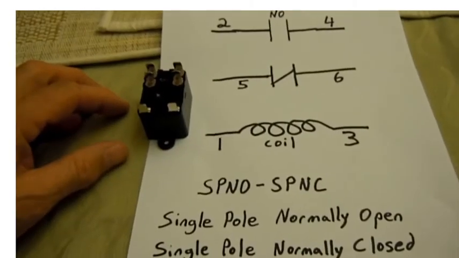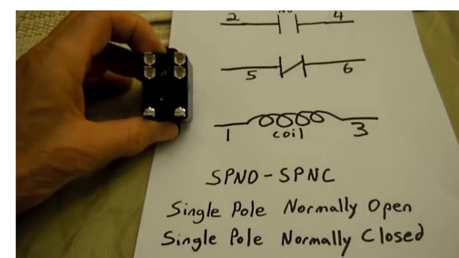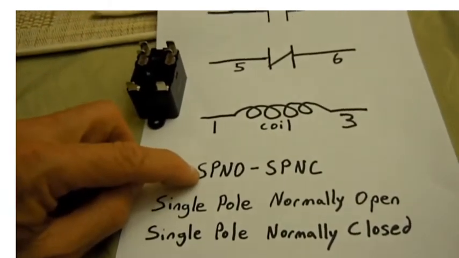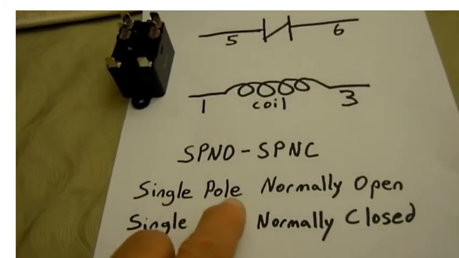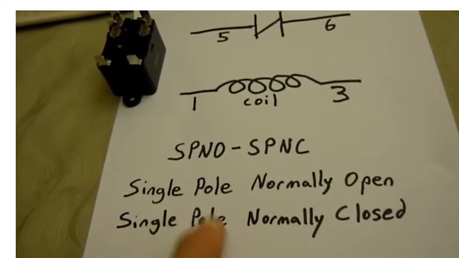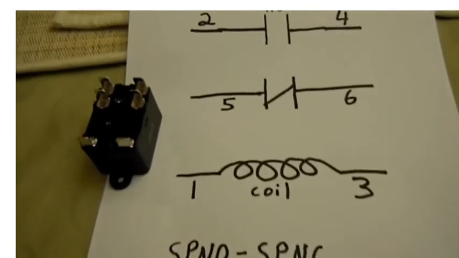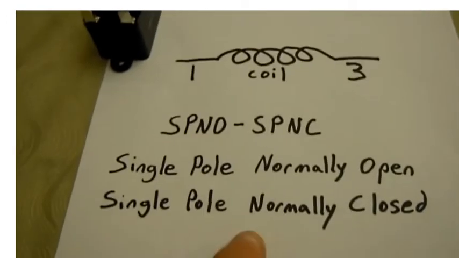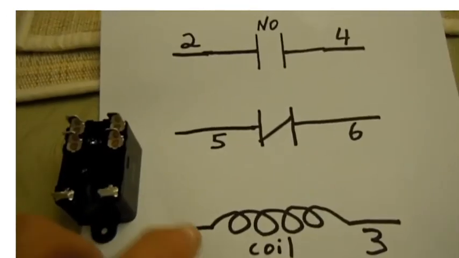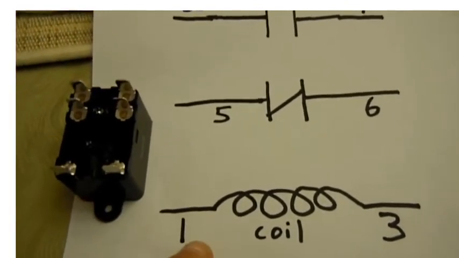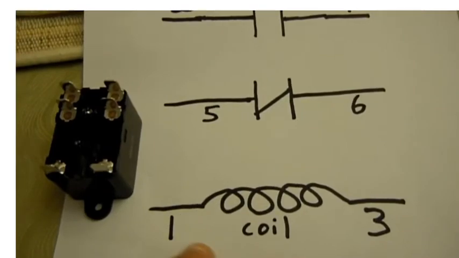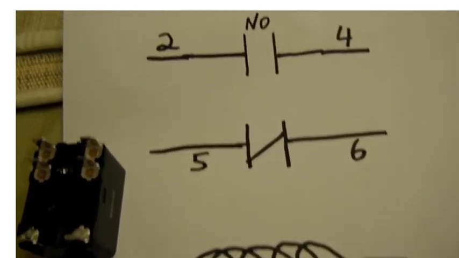And now for the 6-pin relay, which is the SPNO and SPNC, single pole normally open and single pole normally closed. And I'm going to explain how this is figured. Just as the other two relays I showed you, you would connect your coil voltage to positions 1 and 3.